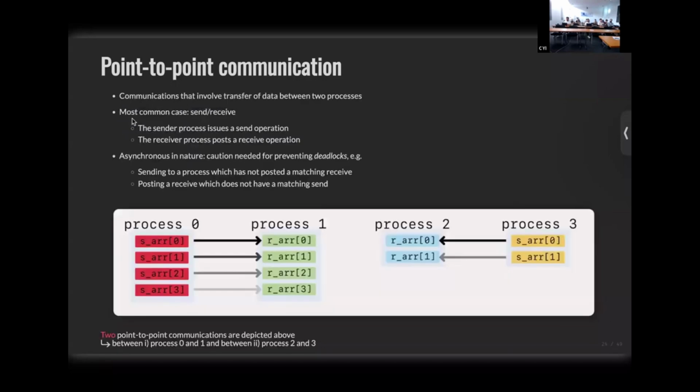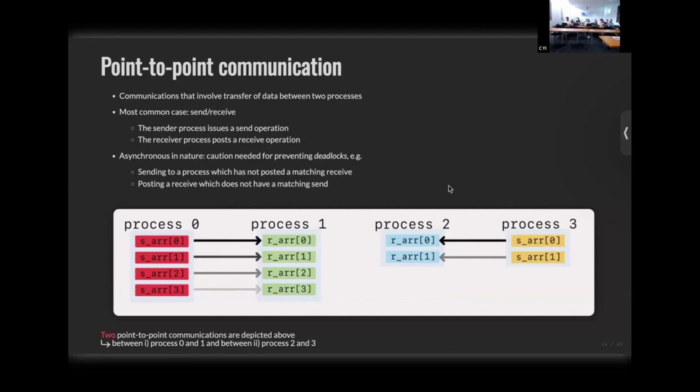So in this case, you would need process 0 to call a function which would say send this 4-element array to process 1, but you would also need a matching function called by process 1, which says prepare to receive data from process 0 and put it in this array. Expect 4 elements, something like this.